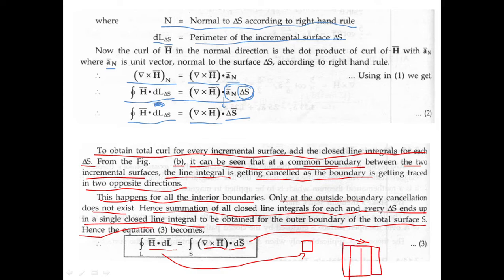So this is how it links the line integral to the surface integral. So we take only one such thing and apply: h vector dot dl vector is equal to the total surface area curl dot ds vector.